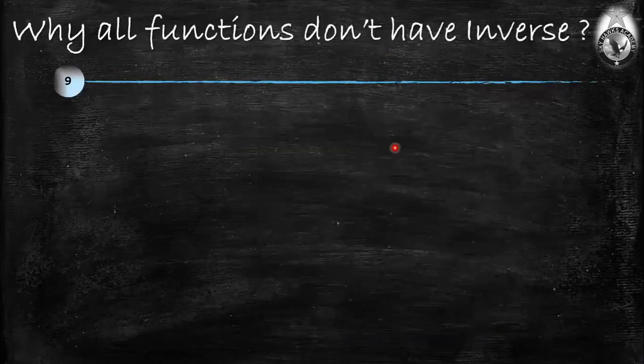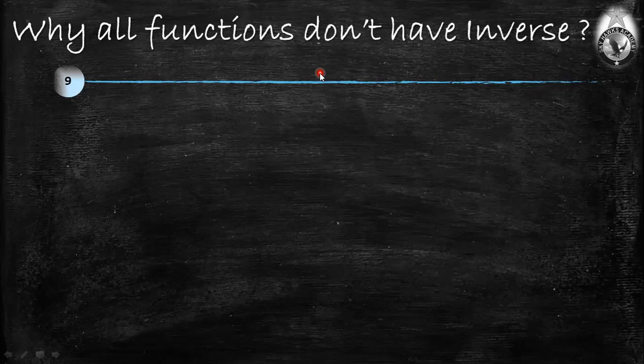Now let's see. Please read this one. Why don't all functions have inverses? It's crystal clear that if we are asked to find the inverses of functions, we have to be clear about which types of functions have inverses and which don't.